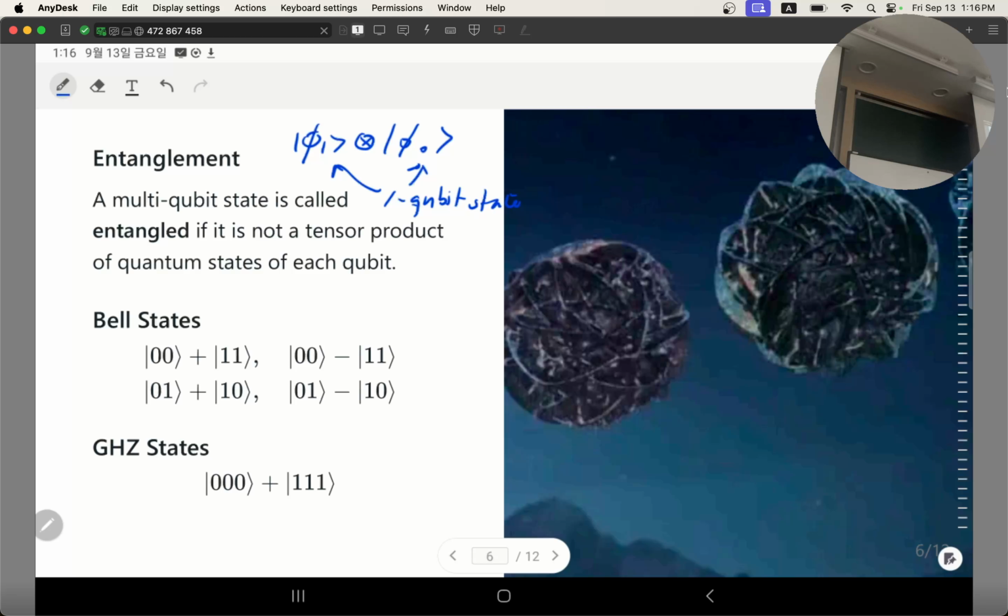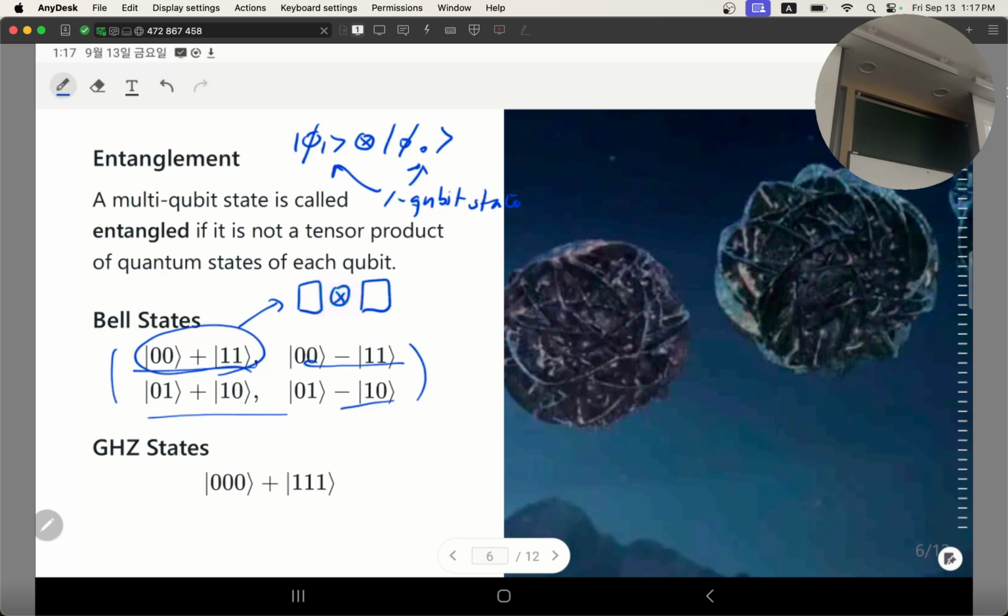But sometimes you cannot write your multi-qubit quantum state as a tensor product of the separate states. For example, if you have a state like this, so there are 4 states. If you take this one, there's no way you can write it as a tensor product of 2 qubits. Okay?